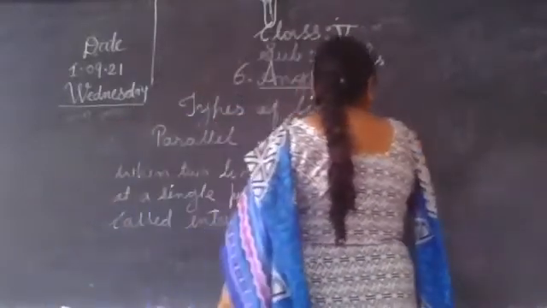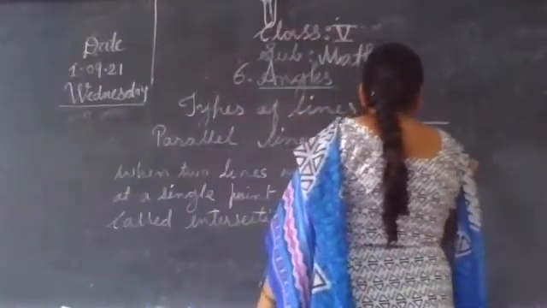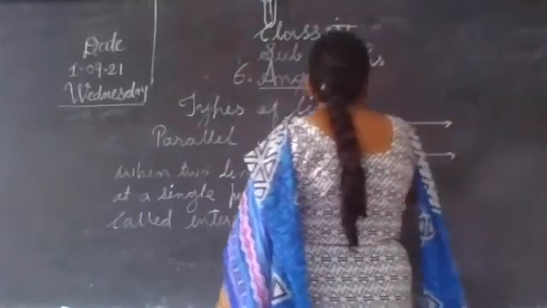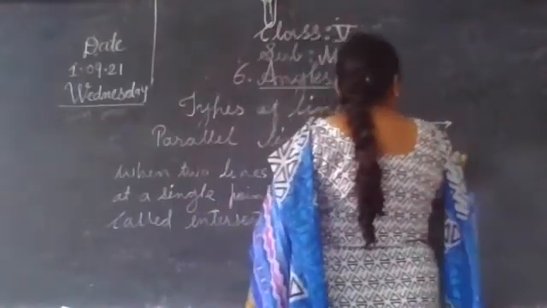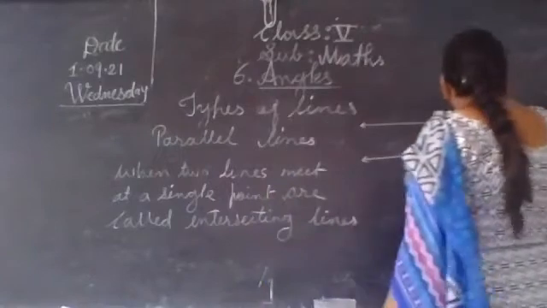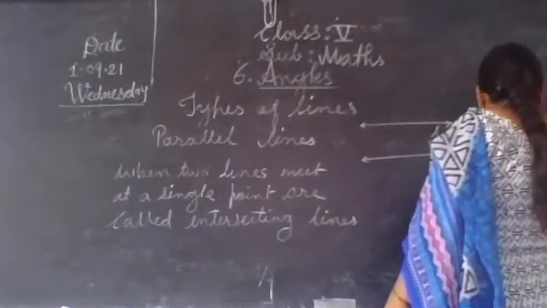See, line L, line N. Lines may be vertical or slanting.